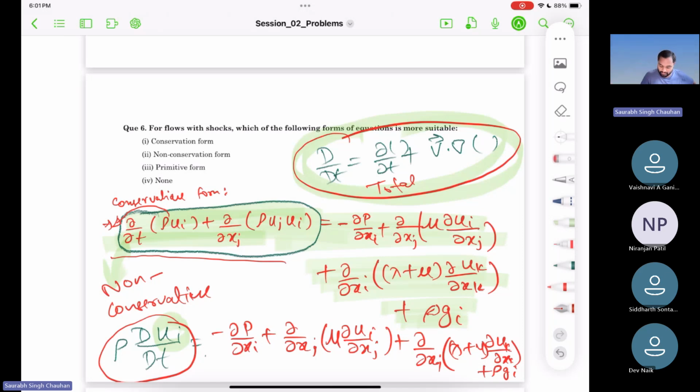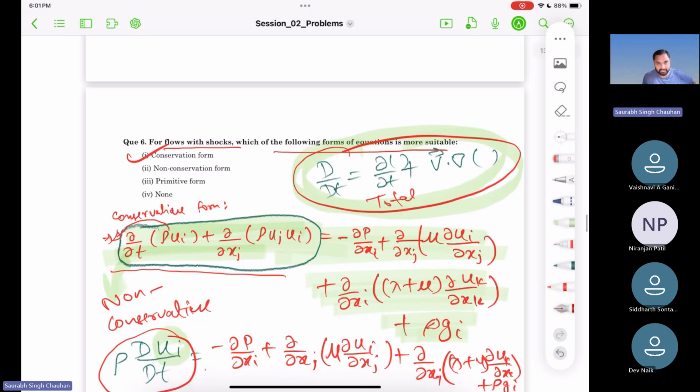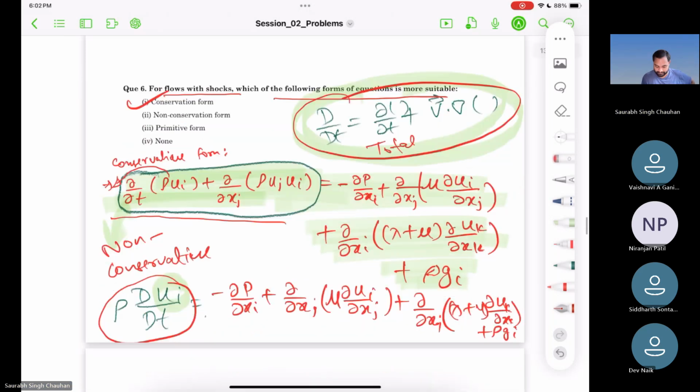Okay, so coming back to the question, it says for flows with shocks, which of the following forms of equation is suitable. So the conservative form is suitable because it can deal with the discontinuities or sudden changes.